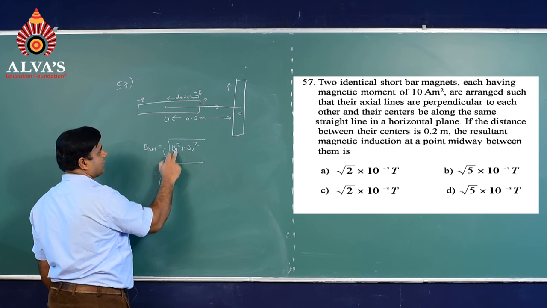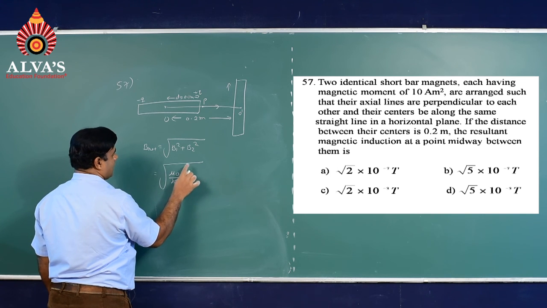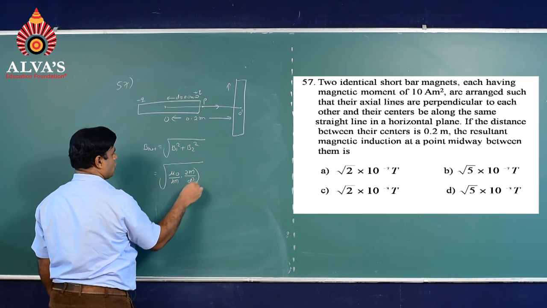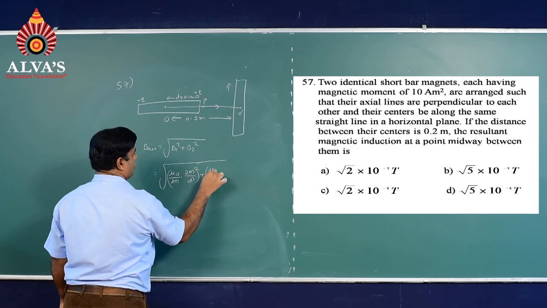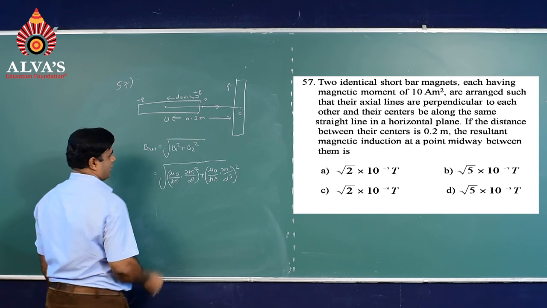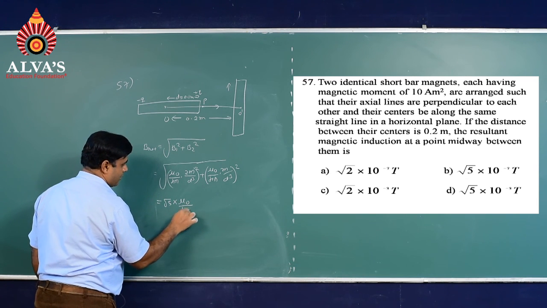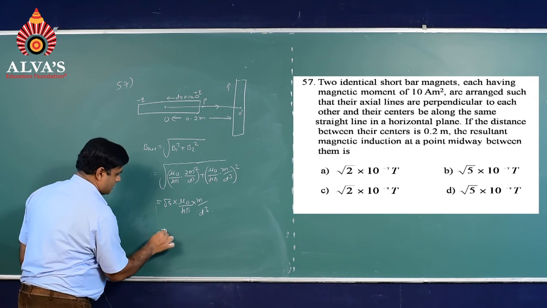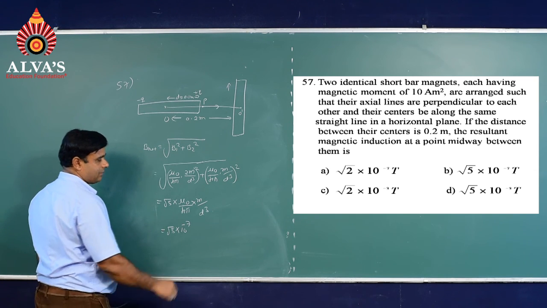Therefore, if I take B1 at the axial point, mu naught by 4 pi into 2m divided by d cube, whole square, plus for the other, mu naught by 4 pi into m by d cube, whole square, which becomes root 5 times mu naught by 4 pi into m divided by d cube, which is equal to root 5 into mu naught by 4 pi, which is 10 to the power minus 7.